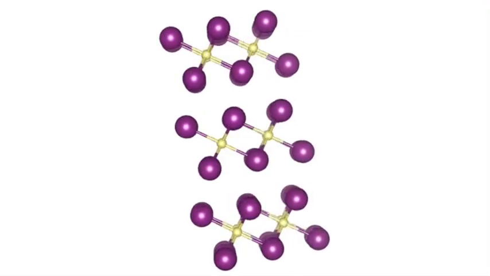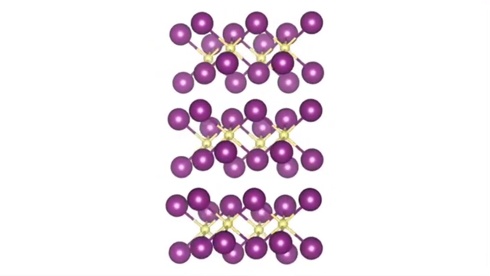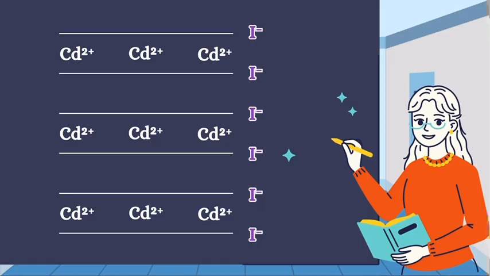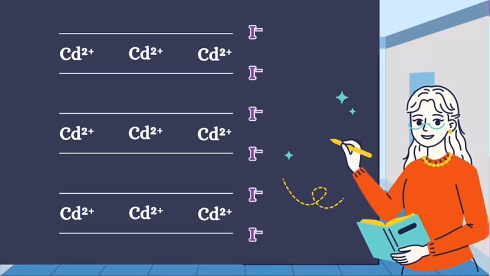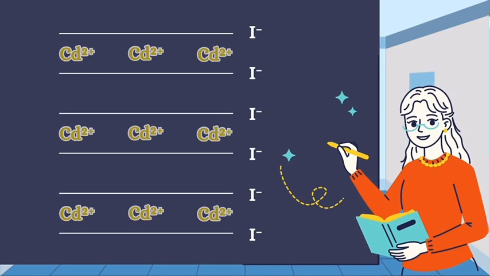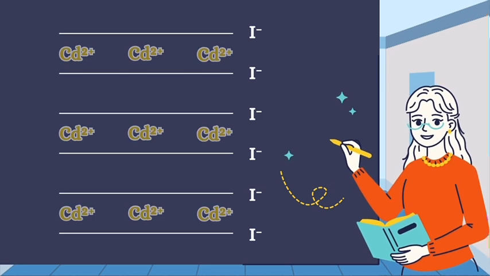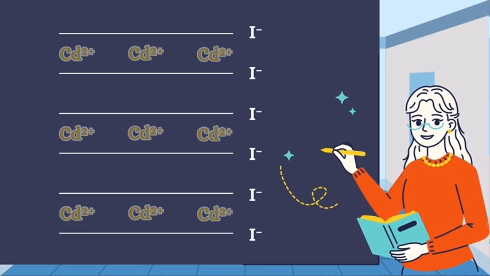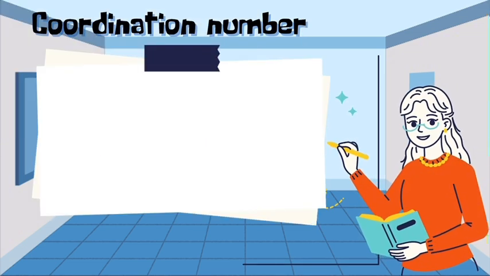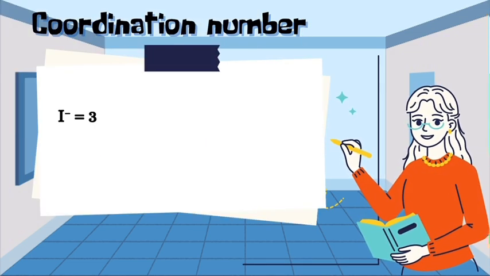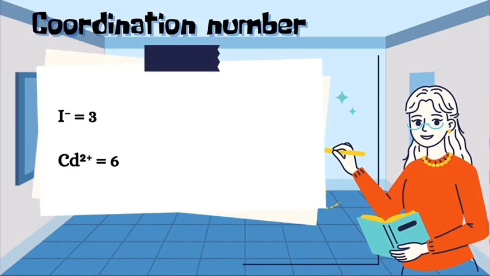According to earlier analysis, the structure of cadmium iodide is layered, with iodide ions forming a hexagonal closely packed lattice and cadmium ions occupying the octahedral spaces between these layers in an alternating sequence. This results in a coordination number of 3 for iodide ions and 6 for cadmium ions.